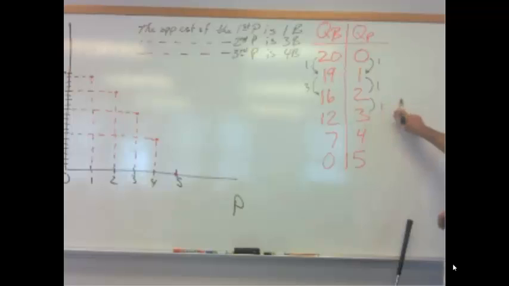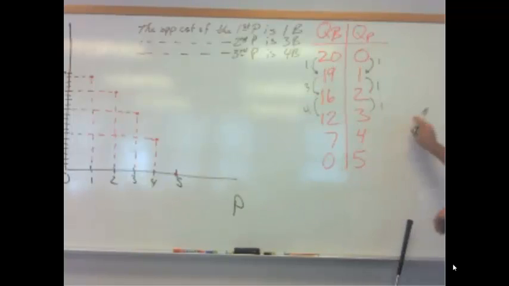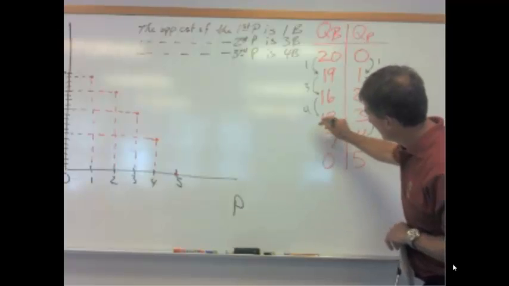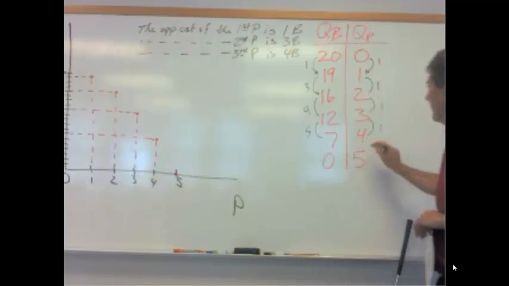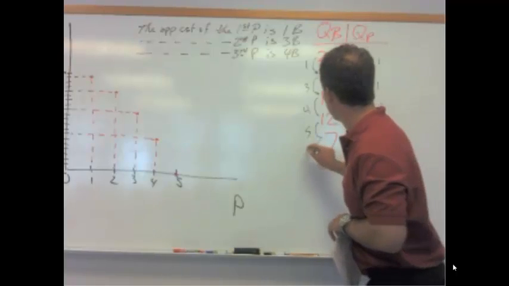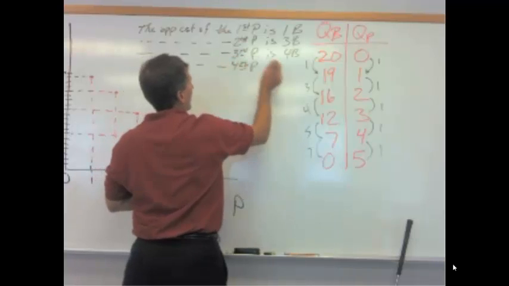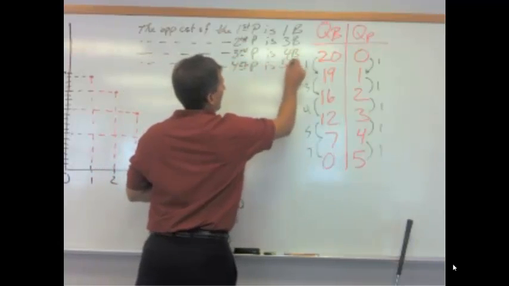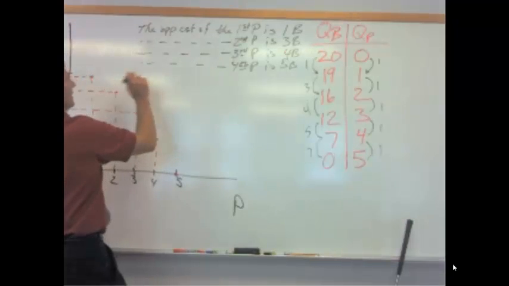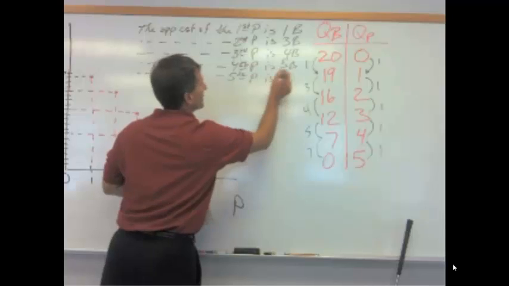We're gaining 1 by the third, but we're losing 4 beers. Opportunity cost of the fourth? 5. And then finally the fifth is 7. So I want you to write this all out because it's going to hopefully help here once we get down to the next level of this.